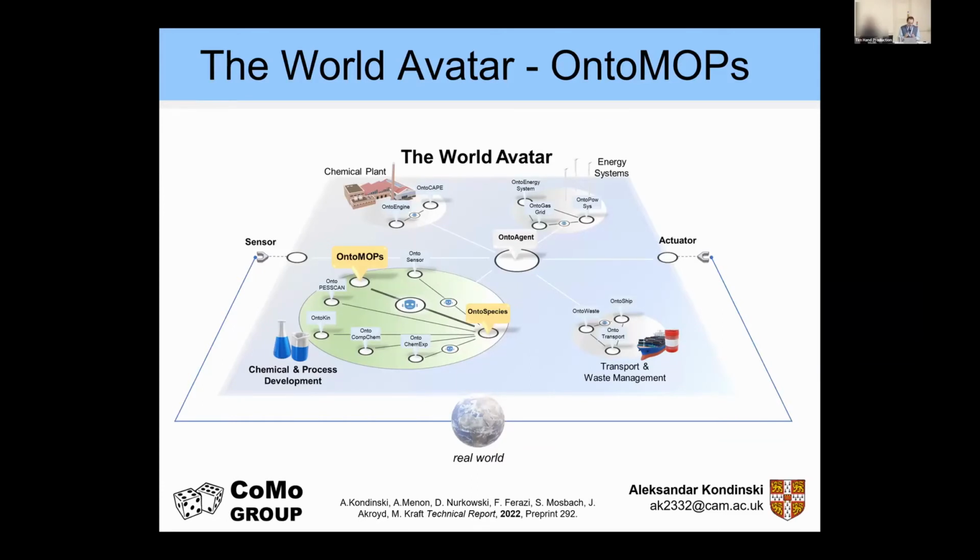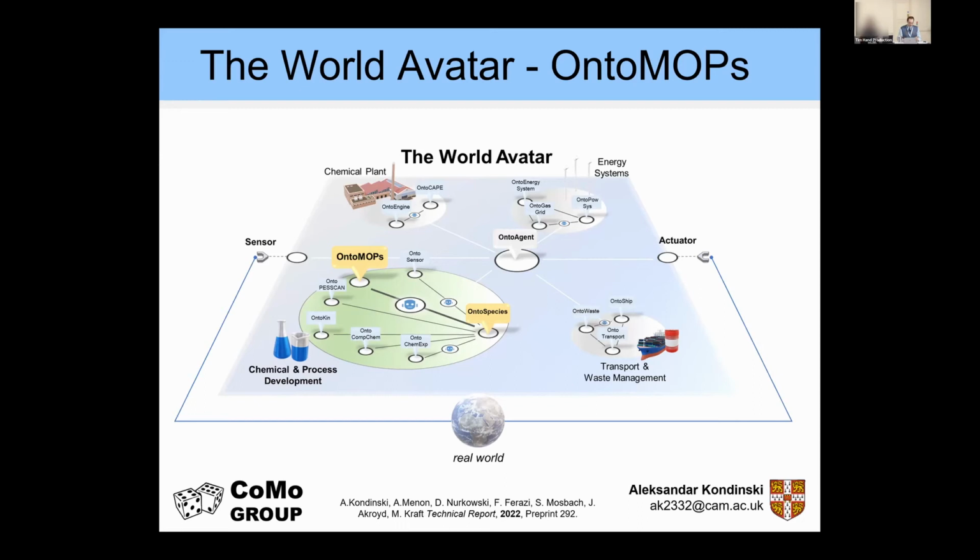So the current project that I'm working on is an ontology also for MOPs, and it is part of the big World Avatar project. This is actually a universal digital twin that models real-world phenomena.